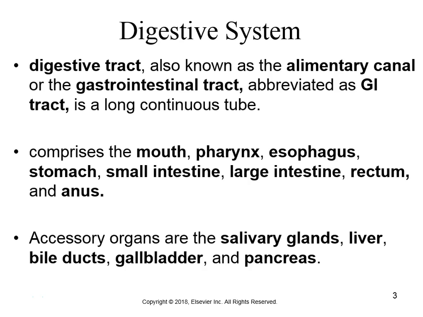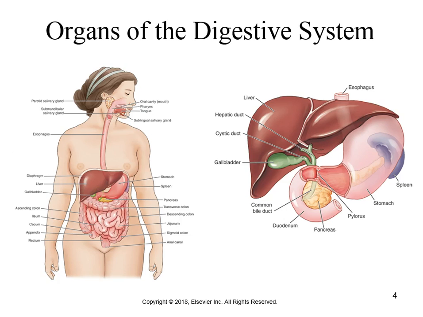So we have the mouth, the pharynx, which is your throat, down the esophagus through the stomach, different intestines, and then rectum and anus. There are a couple accessory organs that go along with that GI tract. So whether it's your salivary glands or liver, a part of that we have bile ducts and gallbladder, and then the pancreas. And all of those come together with the goal of hopefully digesting your food.